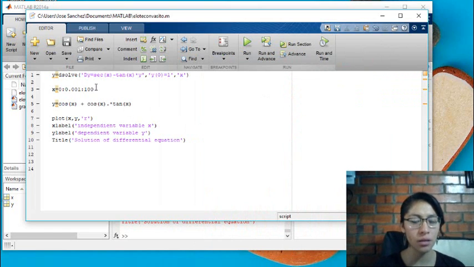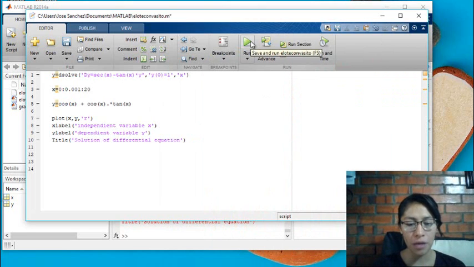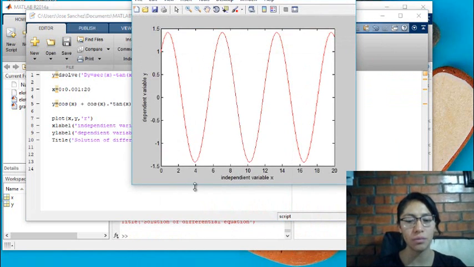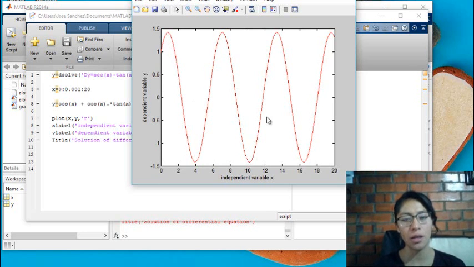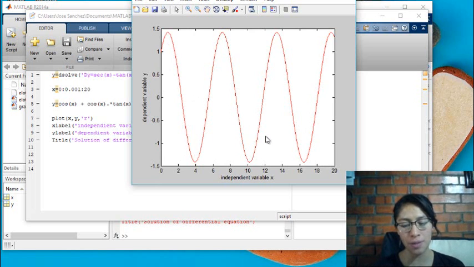As we can observe, when x is equal to 0, y is 1. This is the solution of the equation with its graph.